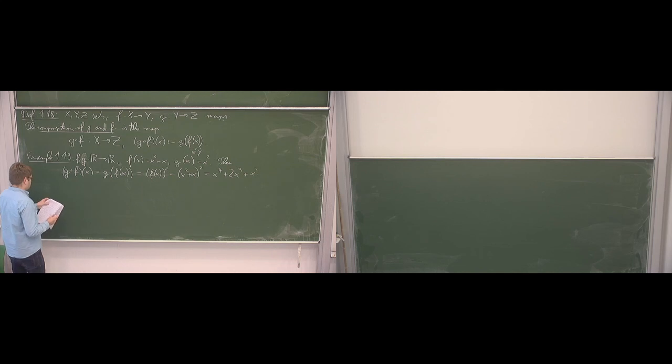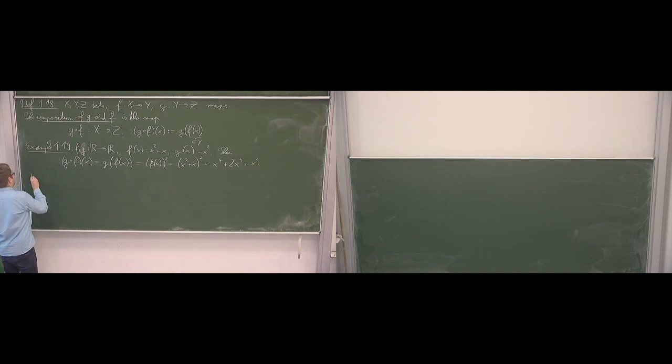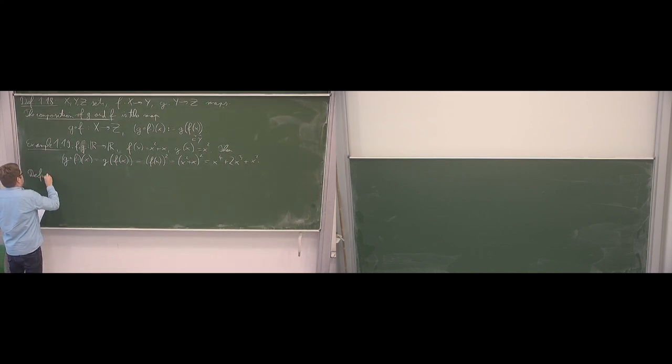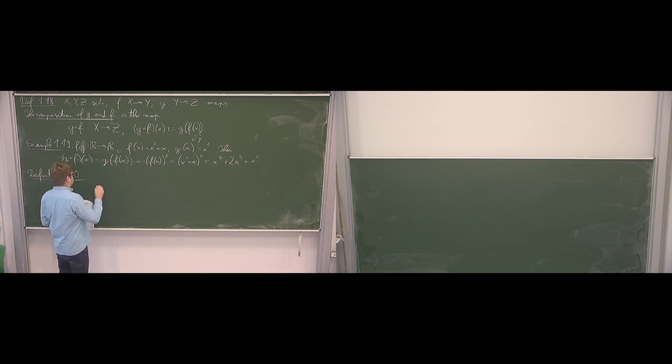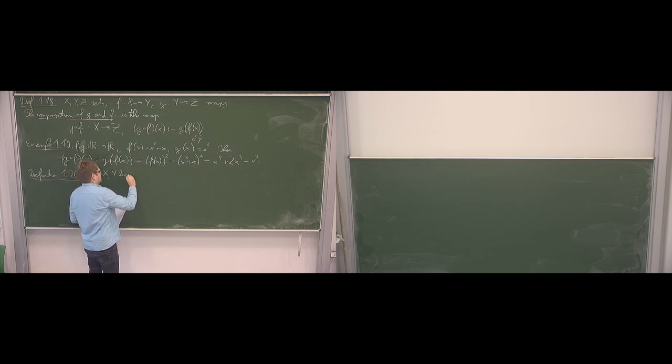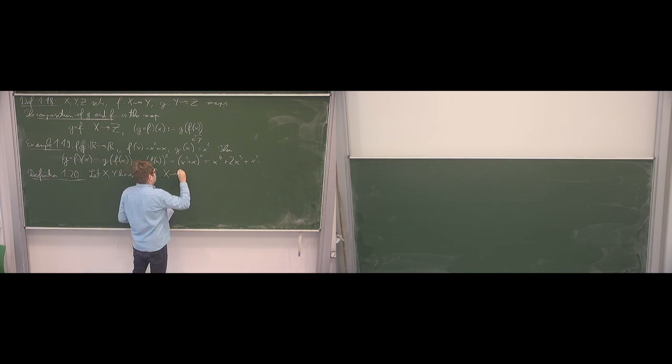Next are some important concepts which may seem a bit strange, or you might even ask why we are doing this. I can only tell you that these are very fundamental concepts of maps that will pop up everywhere later on, and that they are really important to formulate decisive properties later. So we take two sets X and Y and let f from X to Y be a map.